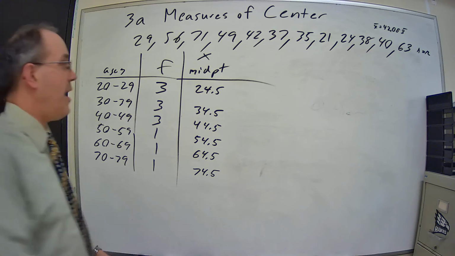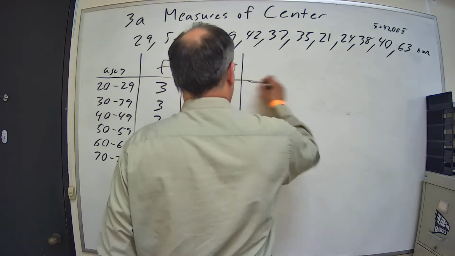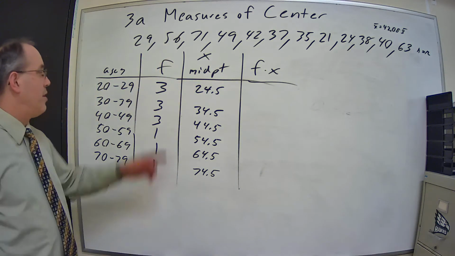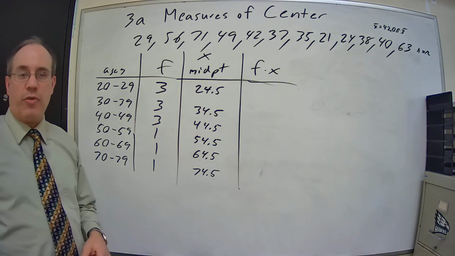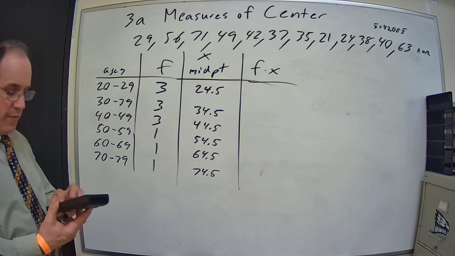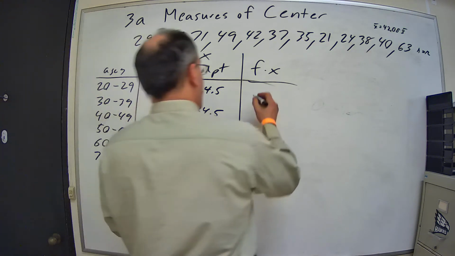So I'm just going to use that, and I have to realize that I have 3 of these 24.5. So what I'm going to do is take f times x. I'm going to multiply 3 times 24.5, which gives me 73.5.